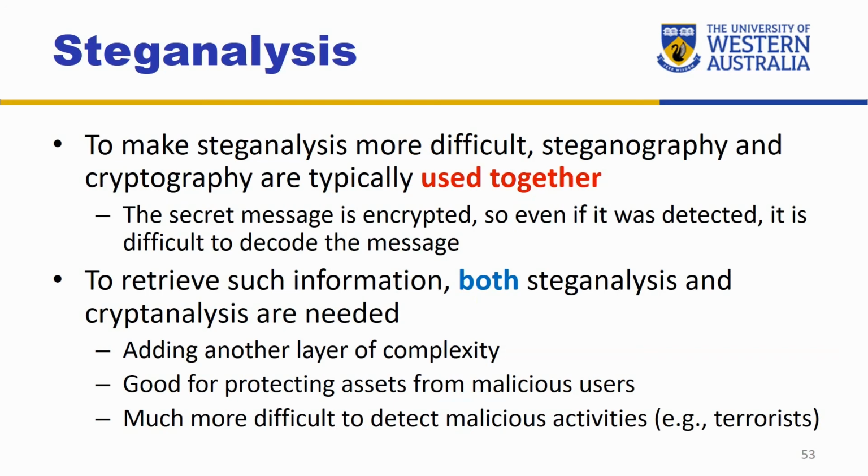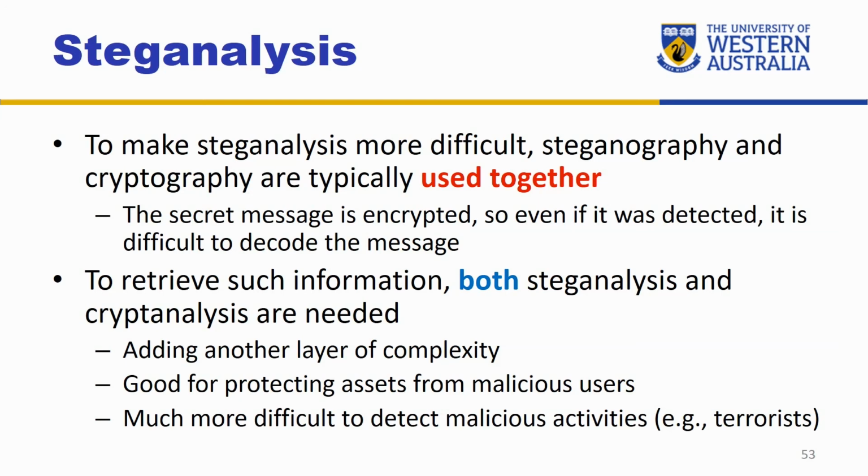And to make the Steganalysis more difficult, steganography and cryptography are typically used together. So the couple of examples that you saw used plain text straight embedded into our normal data, but you can encrypt it first and then embed it. Then when you just uncover the ciphertext from the steganography technique used, it's going to be gibberish, which is similar to the one that we saw with the image steganography before.